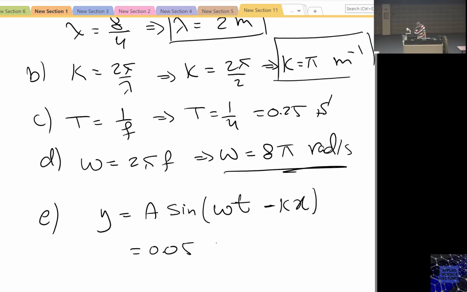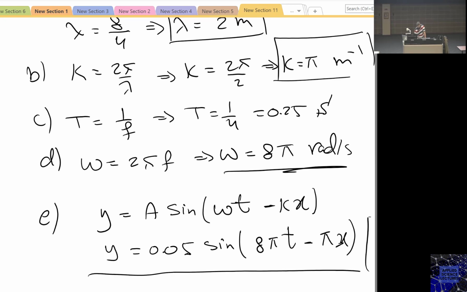So this is 0.05 sine of omega, which is 8 pi t, minus the wave number, pi x. So this is the function that describes this wave.